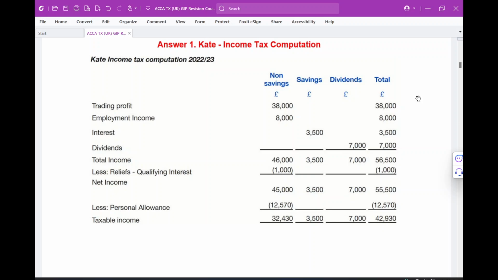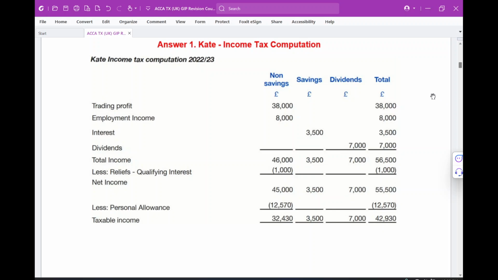We've dealt with number one quite easily, and here we've dealt with number two, in other words, any deductions from total income. In this particular case, maybe we guessed on the qualifying interest, but it did say qualifying. We certainly remember that there is a personal allowance, and we didn't notice anything iffy in terms of the relevance of deducting it in full or perhaps adjusting it in some way, shape, or form.